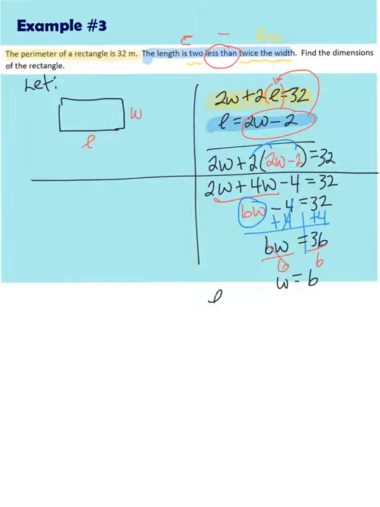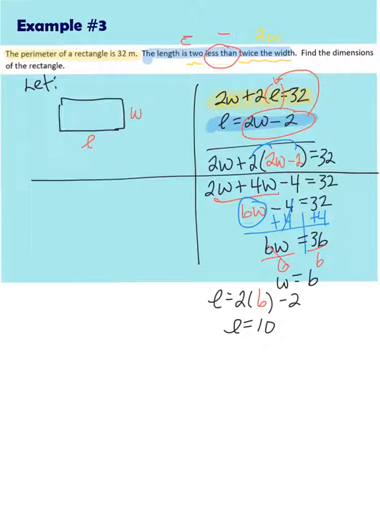I am going to take length equals 2 times 6 and then subtract 2. Well, 2 times 6 is 12, minus 2 is 10. So L is equal to 10.